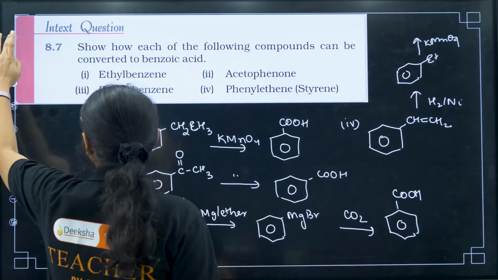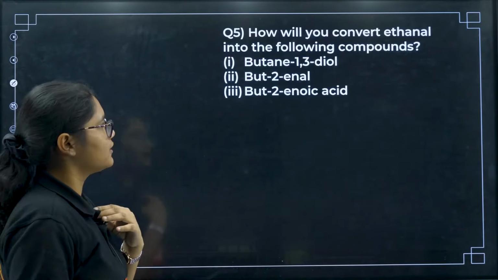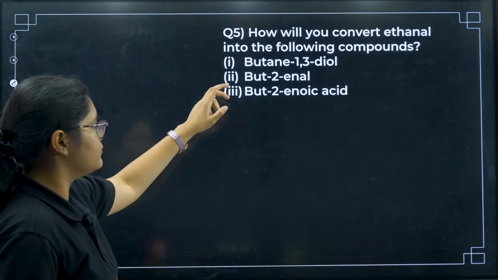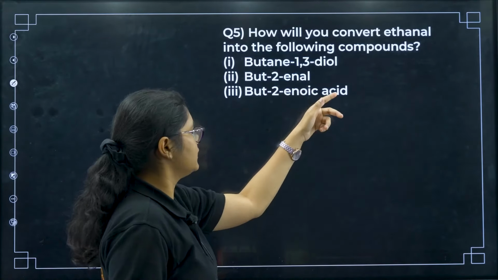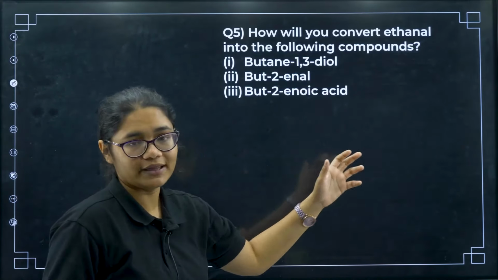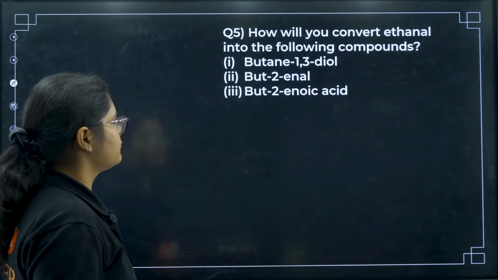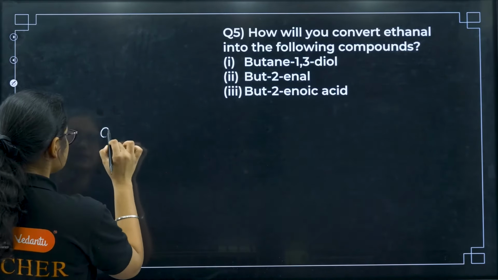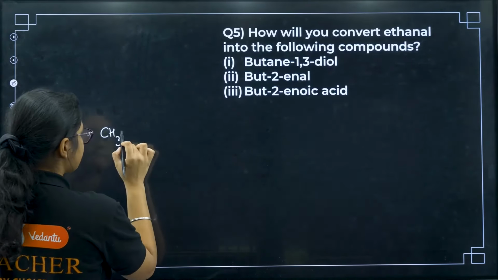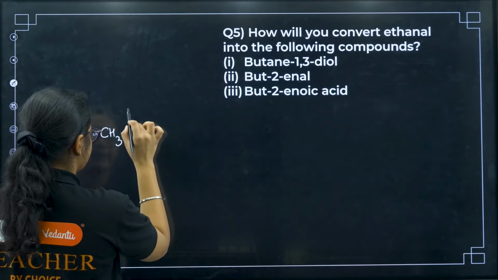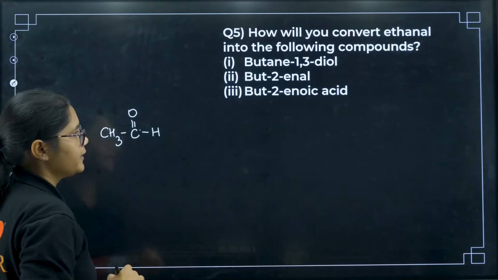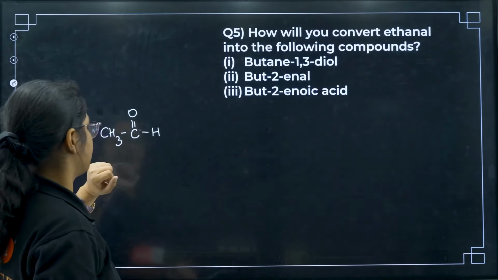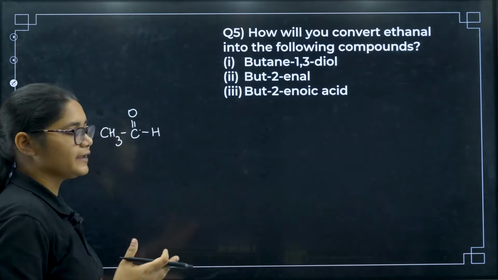Done. Now we will have the next: how will you convert ethanol into the following products? Ethanol to butane-1,3-diol, but-2-en-1-al and but-2-enoic acid. First of all, we have ethanol, that is CH3CHO.